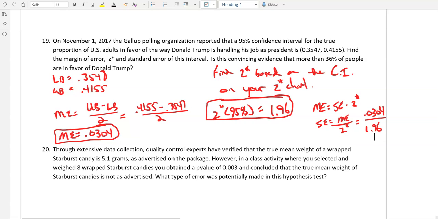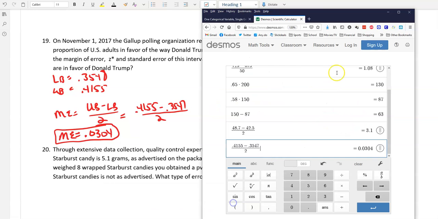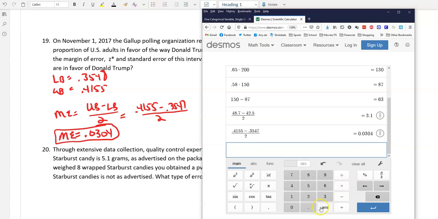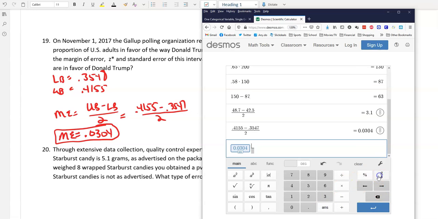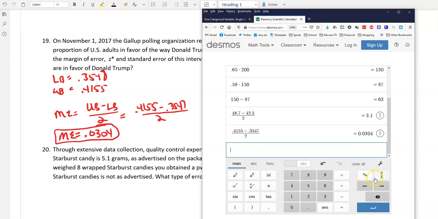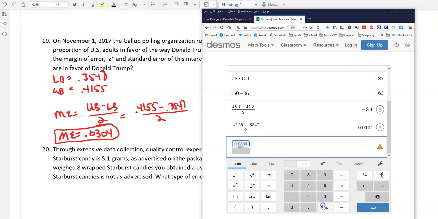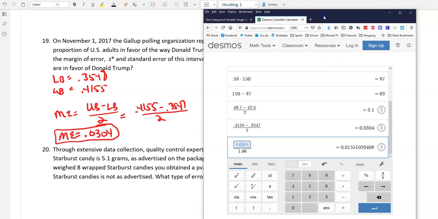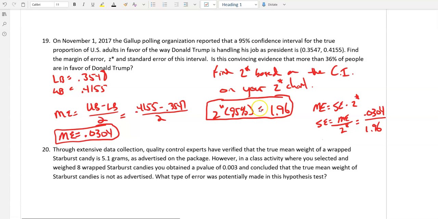So 0.0304 divided by 1.96. And so I'm going to do that. 0.0155 would be my answer there. So the standard error equals 0.0155. So there's my margin of error.